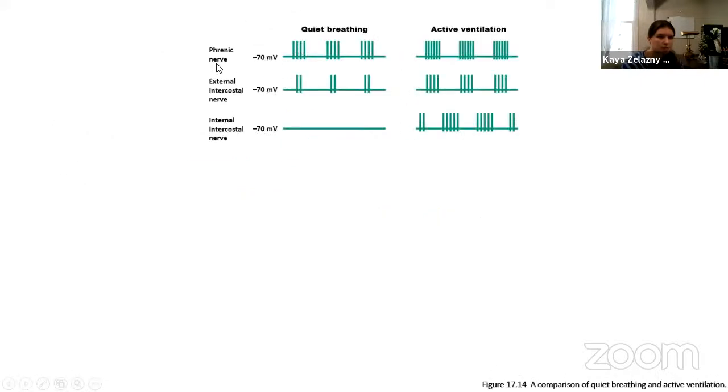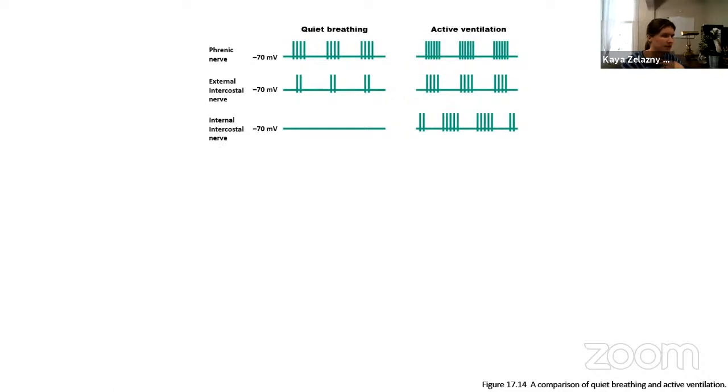You don't need to memorize these depolarizations and stuff, but here we're just going to look at the difference between quiet breathing and active ventilation to kind of hammer that home. So on the top, we're looking at the phrenic nerve. In the middle, we're looking at the external intercostal nerve. On the bottom, we're looking at the internal intercostal nerve.